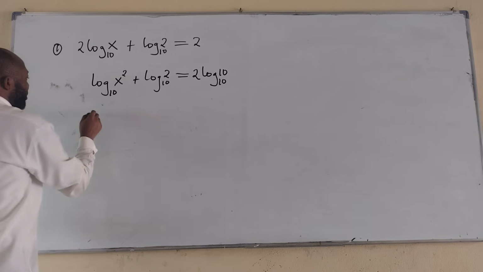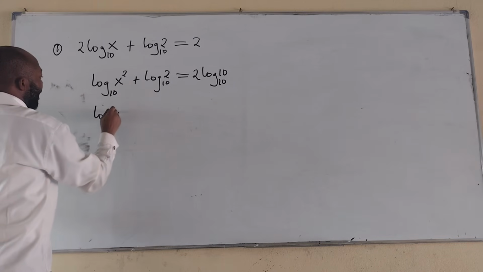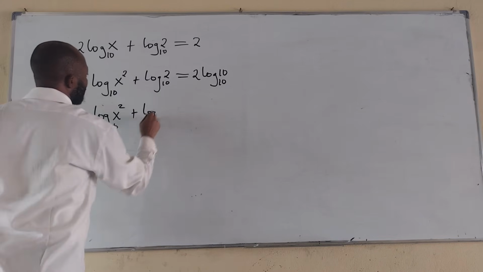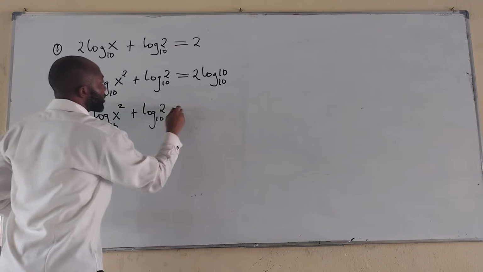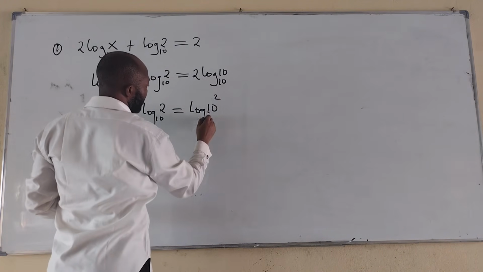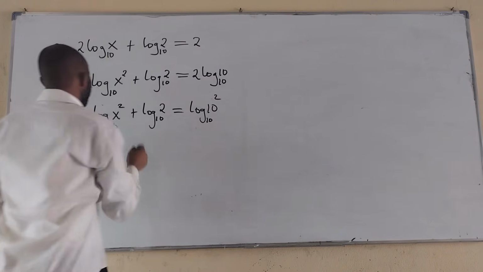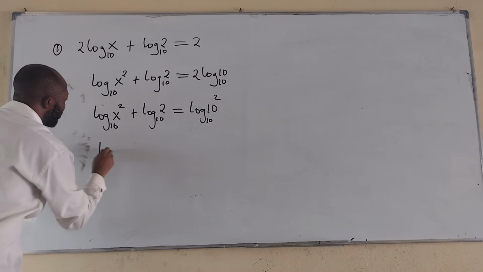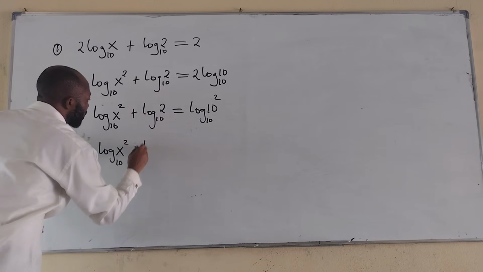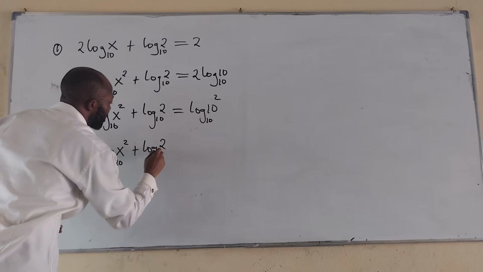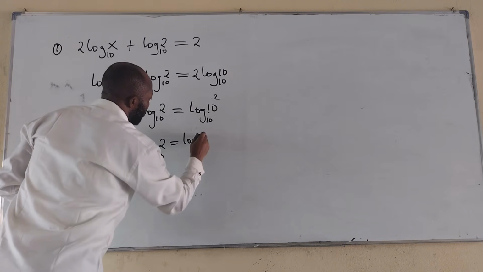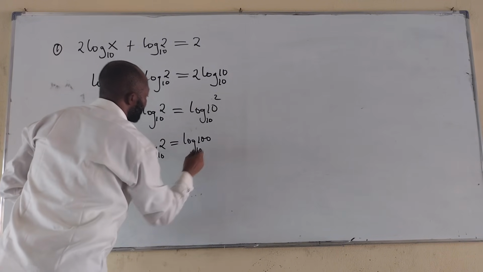So I proceed further to have log x raised to the power 2 in base 10 plus log 2 in base 10 is equal to log 10 raised to the power 2 in base 10, and that is log 100 in base 10.